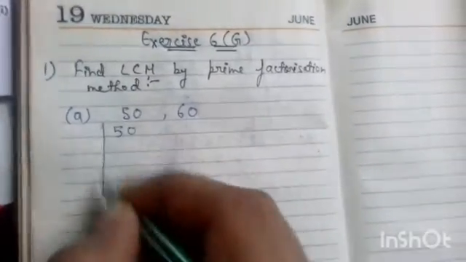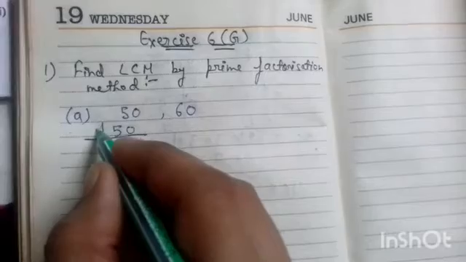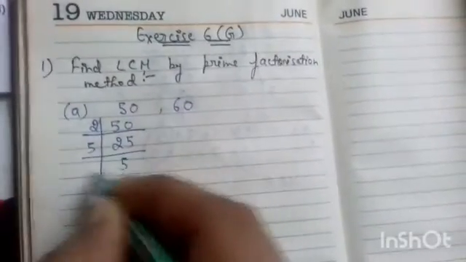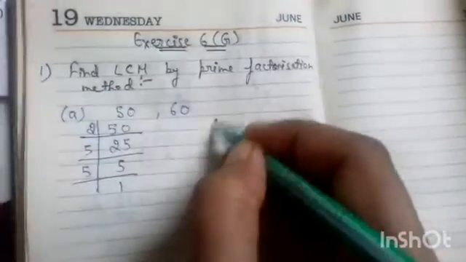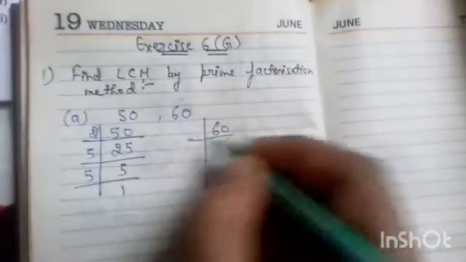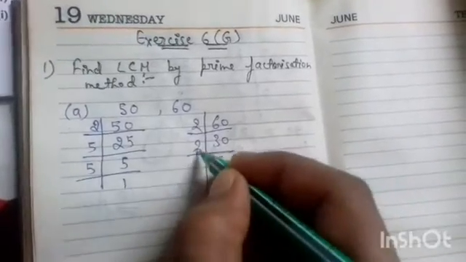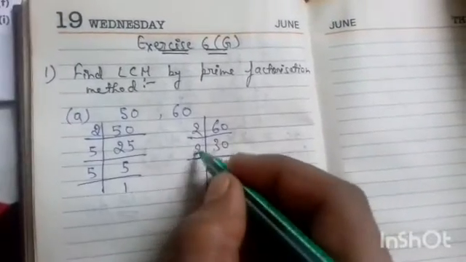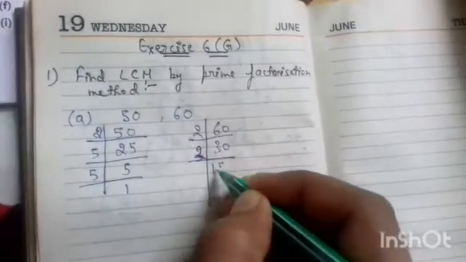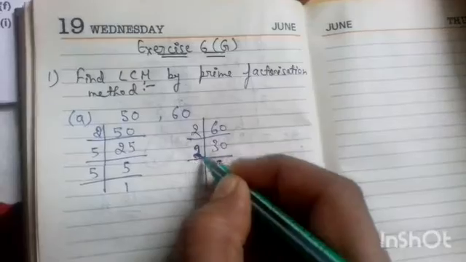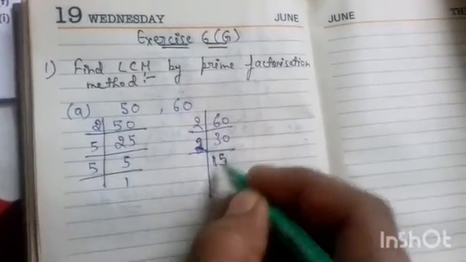Just make the prime factors of 50: 2, 25, 5, 5. Then 60: 2 ones are 2, 2 fives are 10, so 2 fifteens are 30.